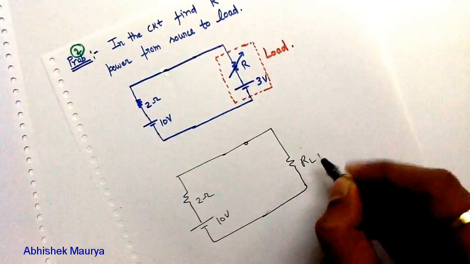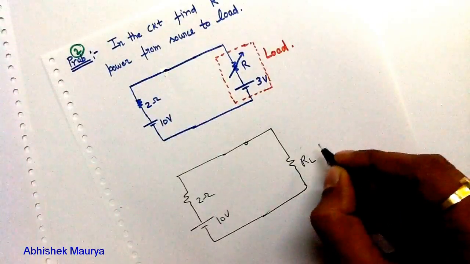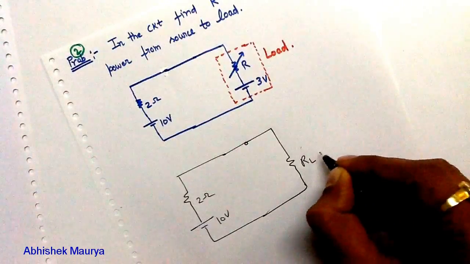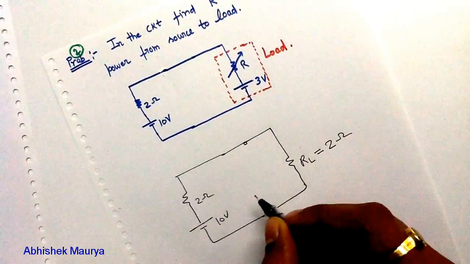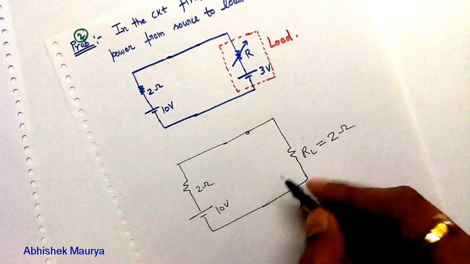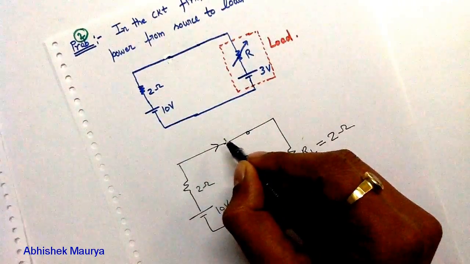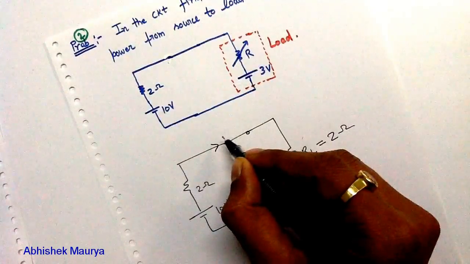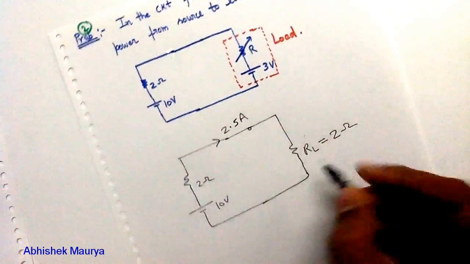The value of this RL will be equal to 2 ohm, then only the maximum power will be transferred from the source to the load. In this case, the value of the current will be 2.5 ampere. Now come to this circuit.